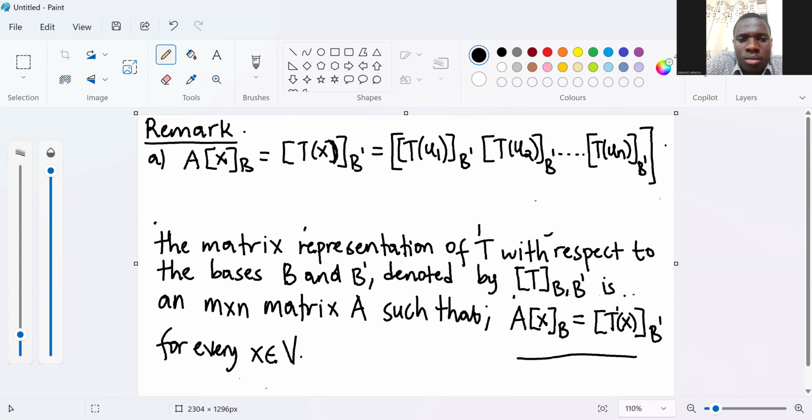Then U1, where U1, U2 up to UN are basis vectors.